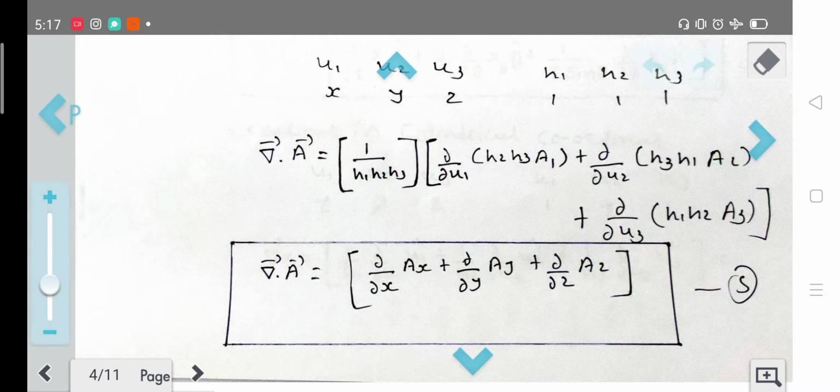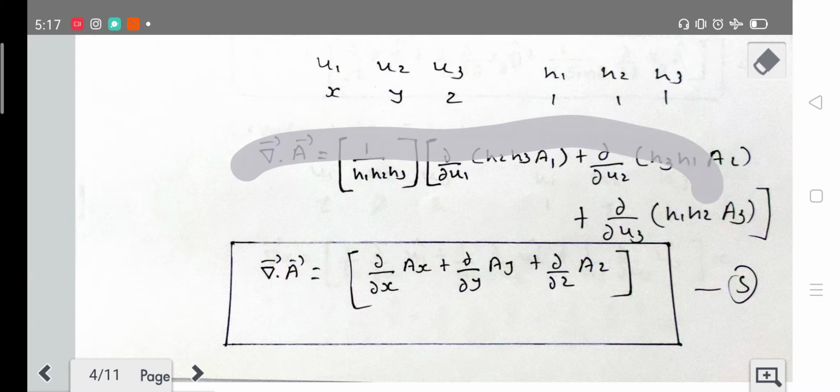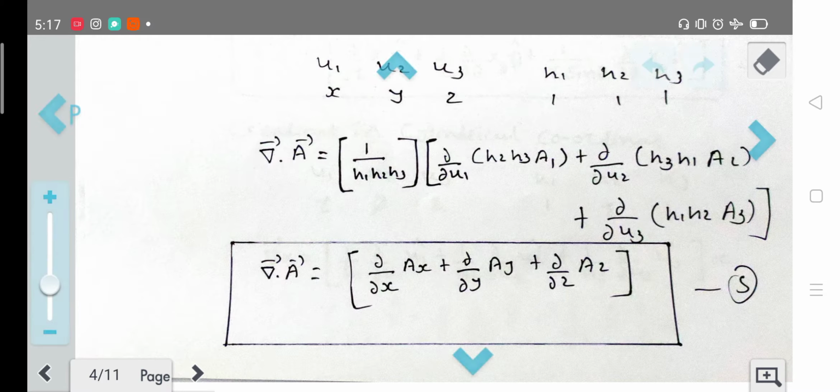Now let's put the values of u1 u2 and u3 and h1 h2 and h3 in this generalized formula. So we will get the divergence of A is equal to, here this will become 1 upon 1 into 1 into 1, so this will become 1, and this whole term will also become 1, so we will have a1.